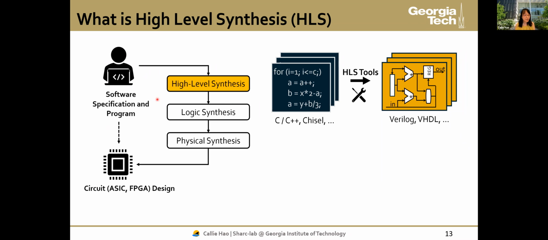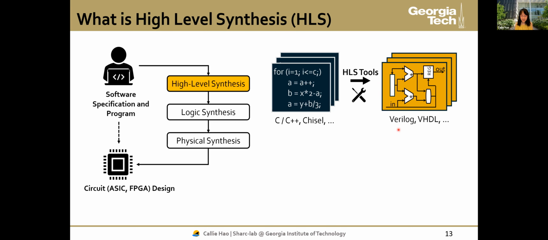If you have a software program and some specifications, you want to produce some circuit design, either an ASIC or an FPGA. The first step is usually high-level synthesis, which allows you to start from a high-level behavior description like C, C++, or Chisel, and go through high-level synthesis tools to get a lower-level description like Verilog and VHDL.